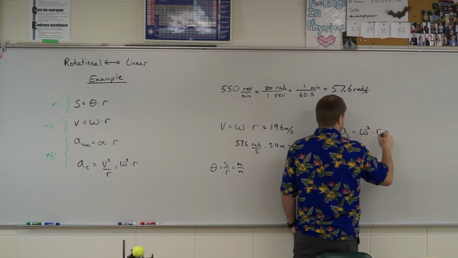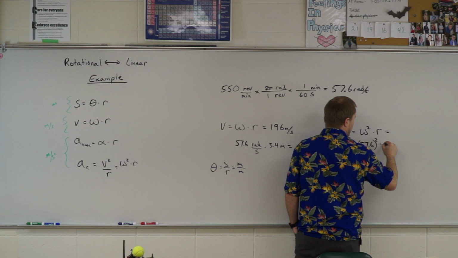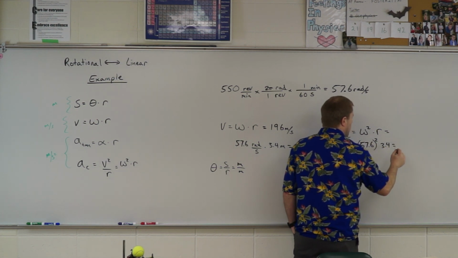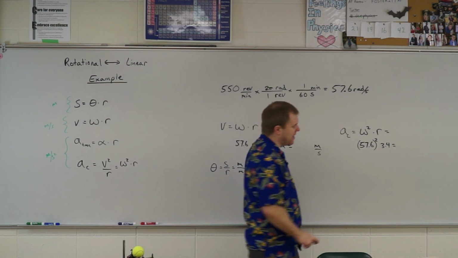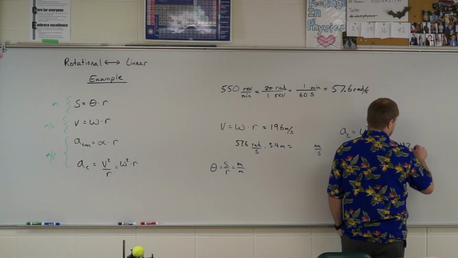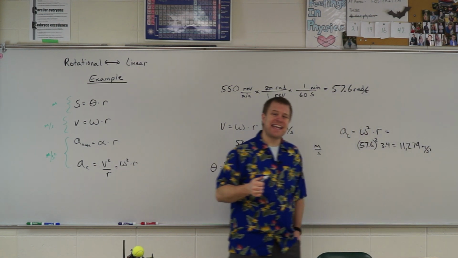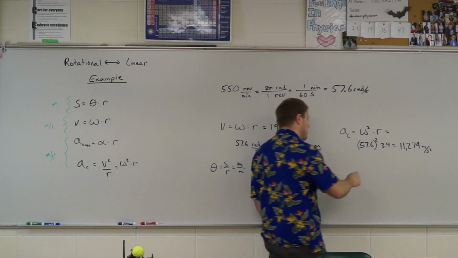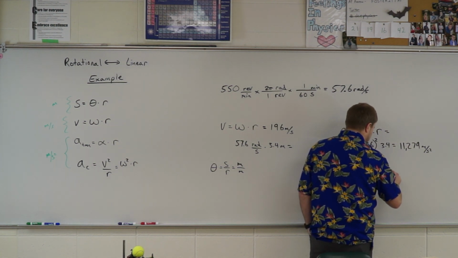I have this 57.6 number stored on my calculator, squared, times 3.4, which will give me a final acceleration of 11,279 meters per second squared, but they wanted that in g's.